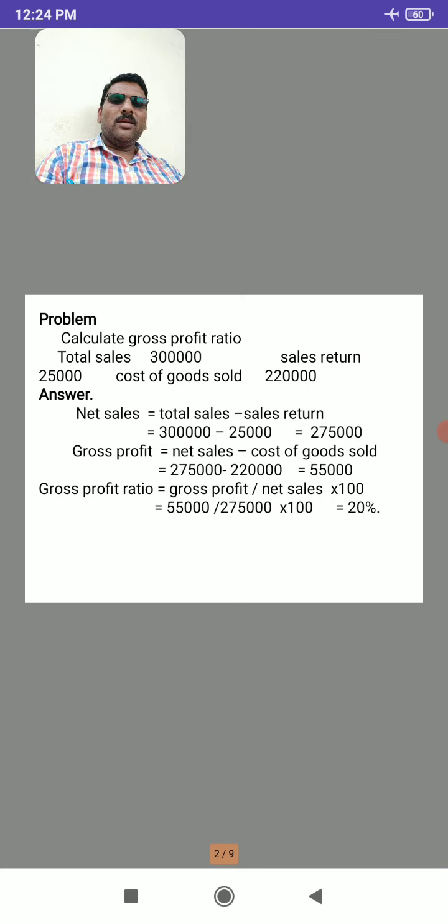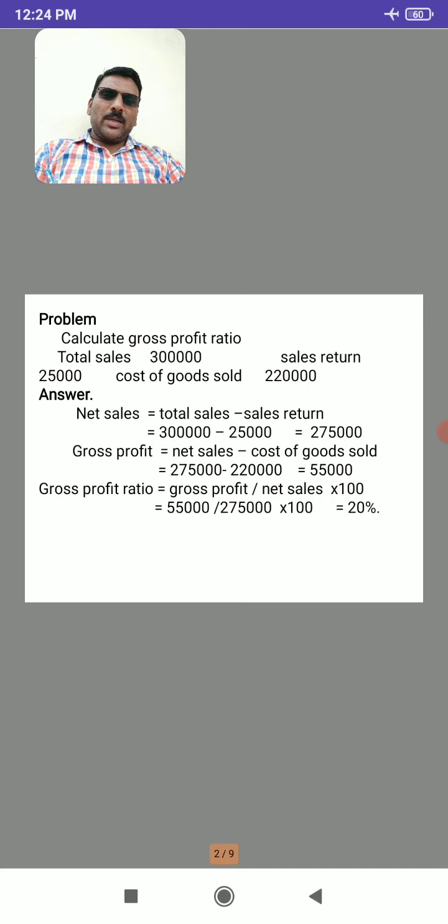So here we got the gross profit and we also calculated net sales. After dividing the gross profit by net sales, we get the gross profit ratio. We calculate the gross profit ratio by dividing the gross profit by net sales and multiplying by 100.